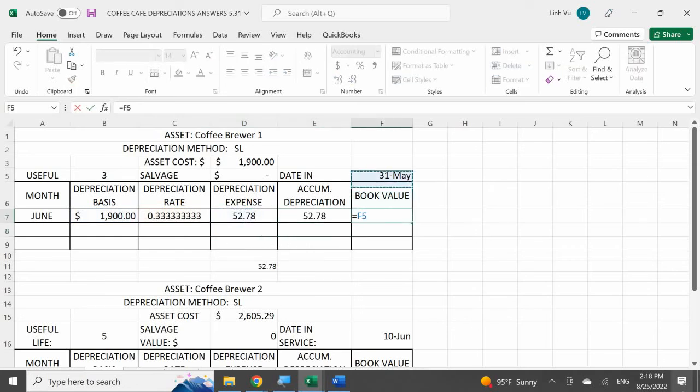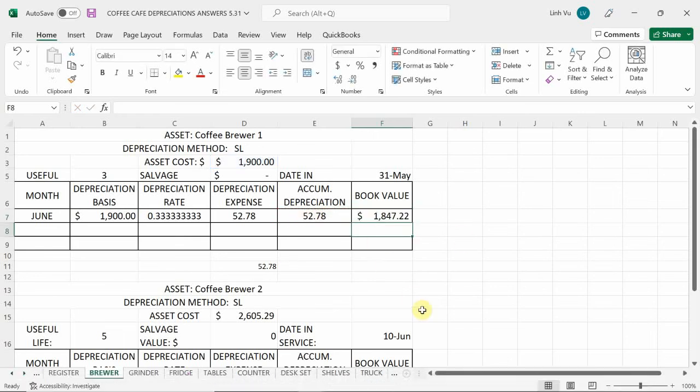So what's your book value going to be? $1,847.22. Good. Okay, so that's just the first coffee brewer.